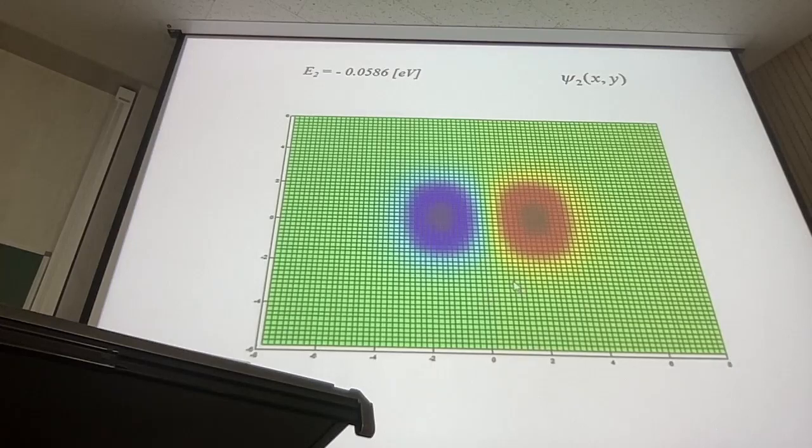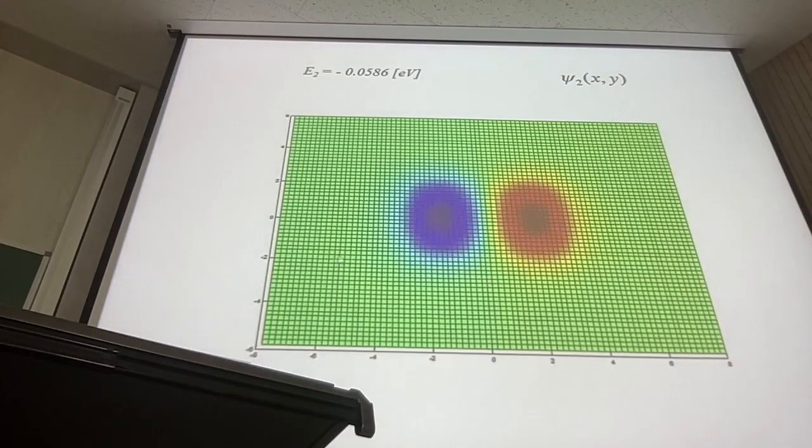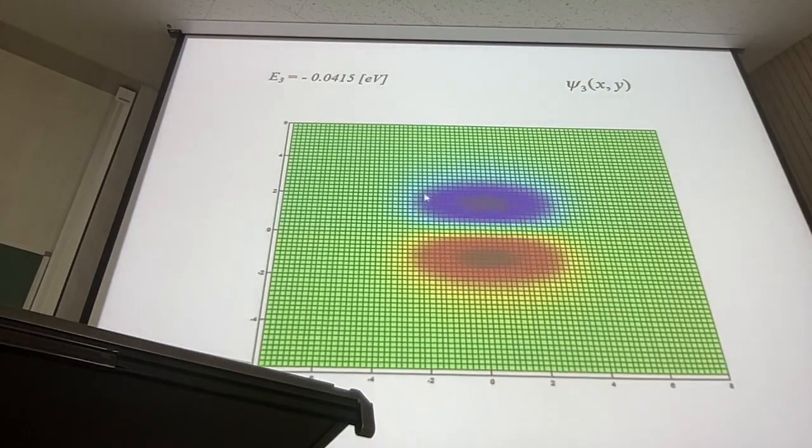The same thing, and this is the third one. It looks like this one, but its orientation is such that this is along the y-axis. Here, this is along the x-axis. Right? This is along the y-axis. So we have the potential well from -3 to 3 along the x-axis, and from -2 to 2 along the y-axis.